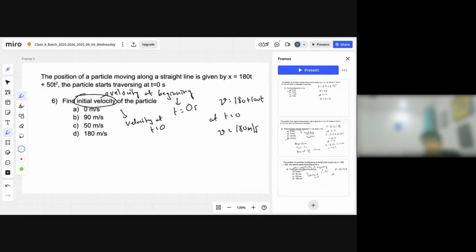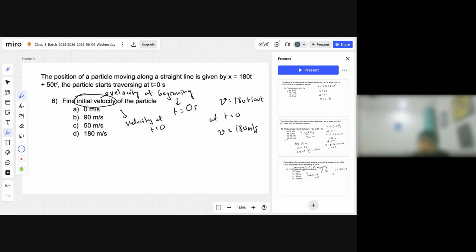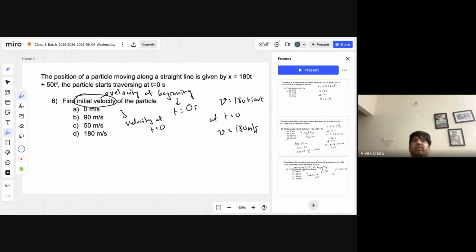Sir, it's moving along a straight line, so the particle can also go straight up and come back straight down. Then the velocity becomes 0. All that can happen, but at a particular moment, just when you started recording the motion, its velocity need not be 0. Let's say you are recording the motion of the particle immediately after the bomb blast. Then at that moment, is its velocity 0? No, sir.